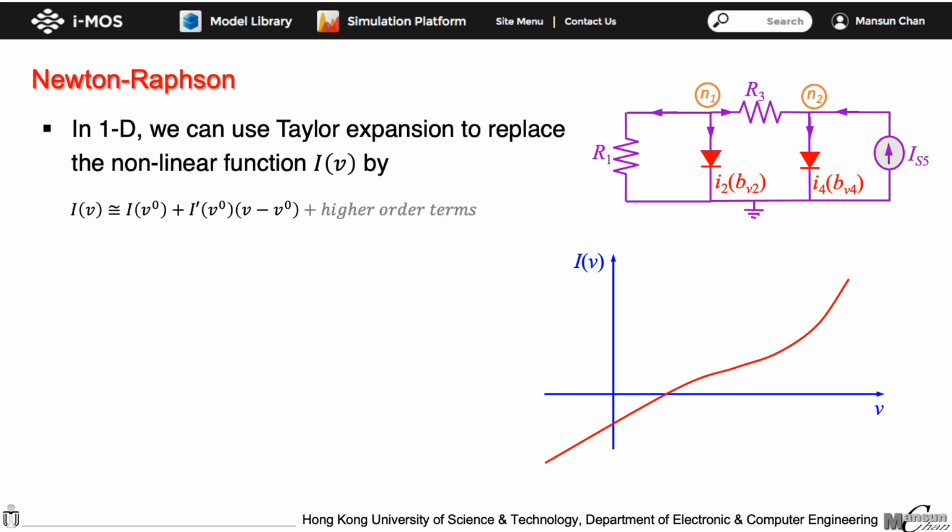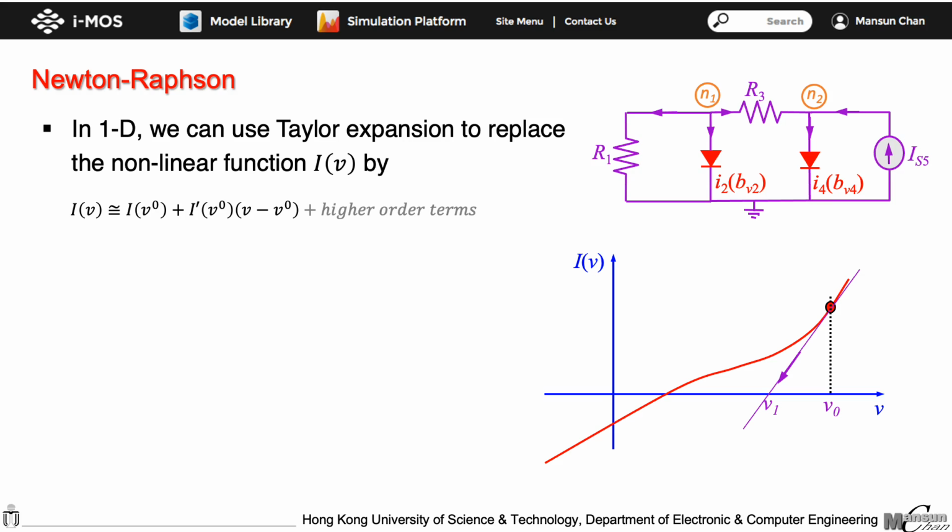We only keep the constant and linear terms and ignore all the higher order terms. Physically, it means we use a linear function to approximate the original function at the point V0. It will predict the solution of I equal to 0 to happen at V equal to V1.